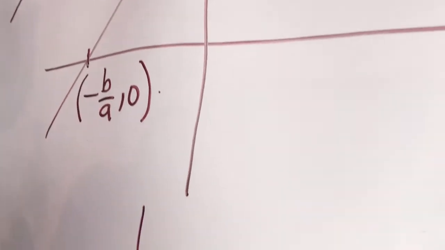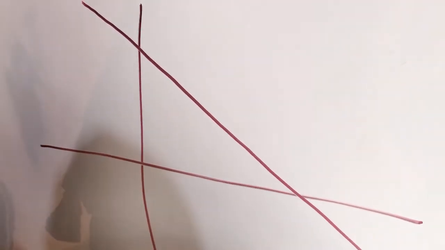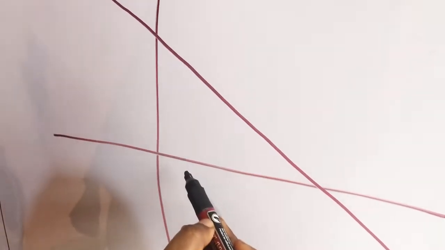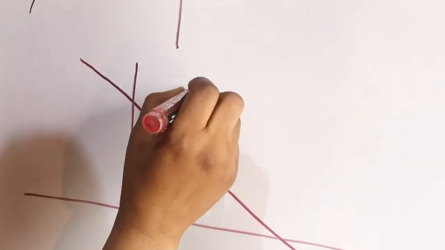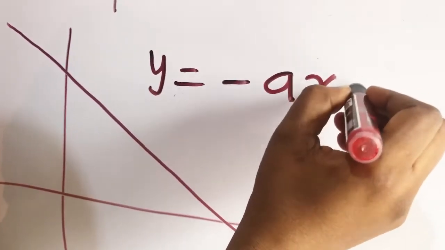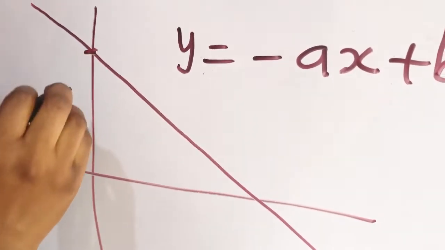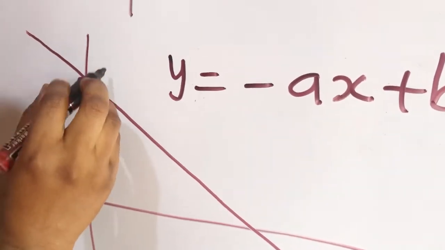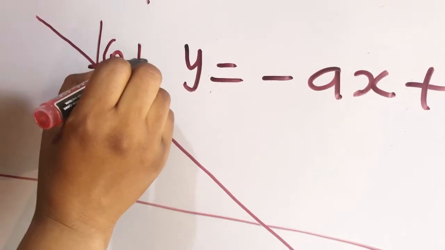So if a is less than 0, the line decreases as y decreases and x increases. So the polynomial is y is equal to minus ax plus b. So here, this is the y-intercept. So y-intercept will be 0, b.